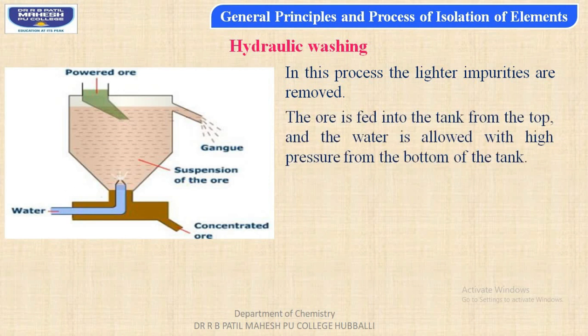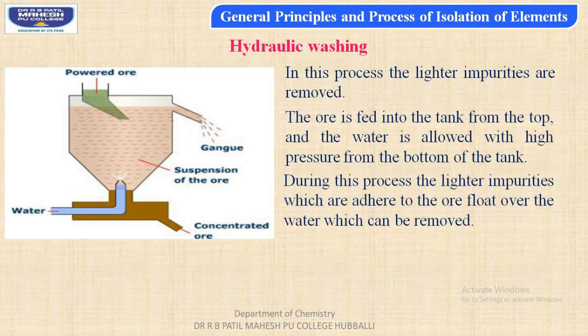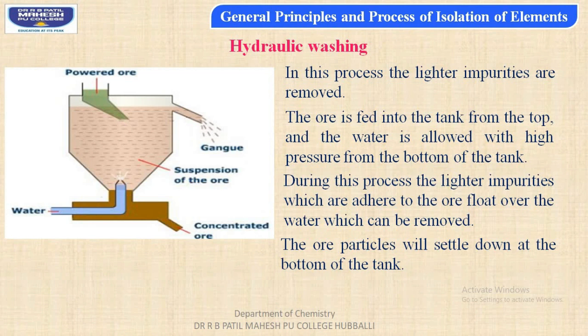During this process, lighter impurities adhering to the ore particles are washed away by the current of the water, and the ore particles settle down at the bottom of the tank because they are relatively heavier in nature when compared to the impurities, that is gangue particles.